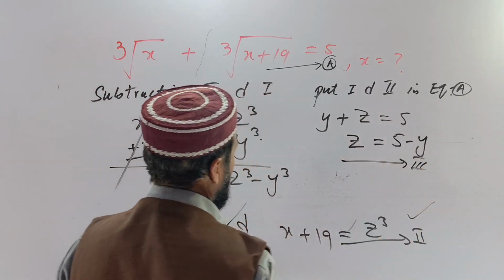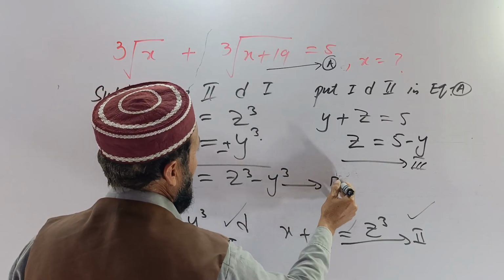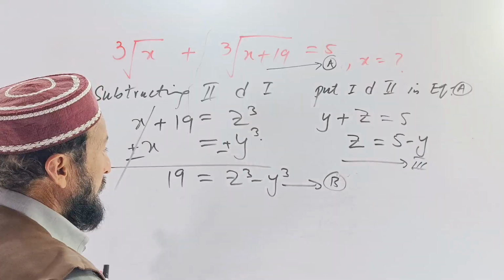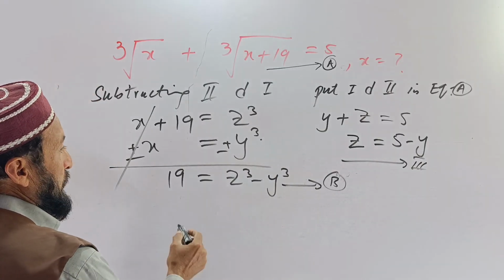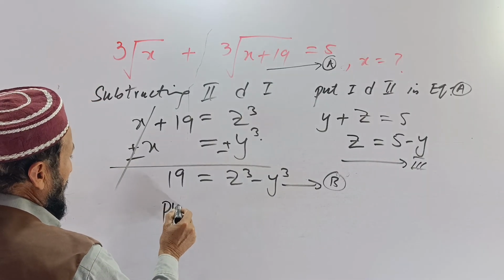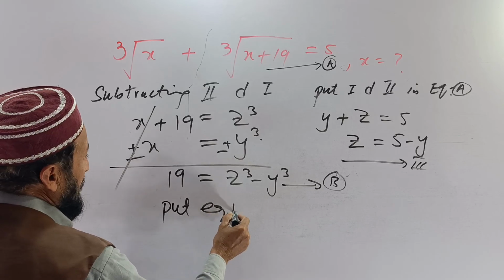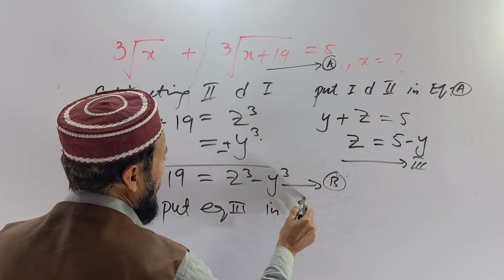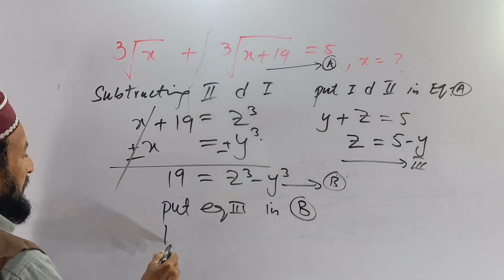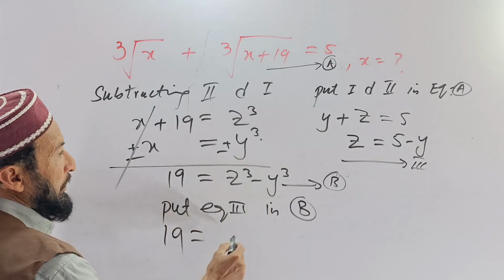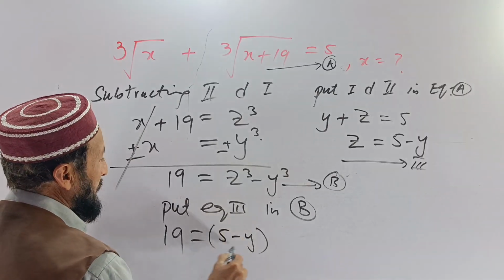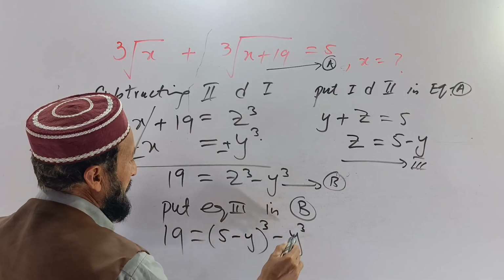Now equation number third we substitute in equation number B. So 19 is equal to z cube minus y cube, and in place of z we put 5 minus y whole cube minus y cube.